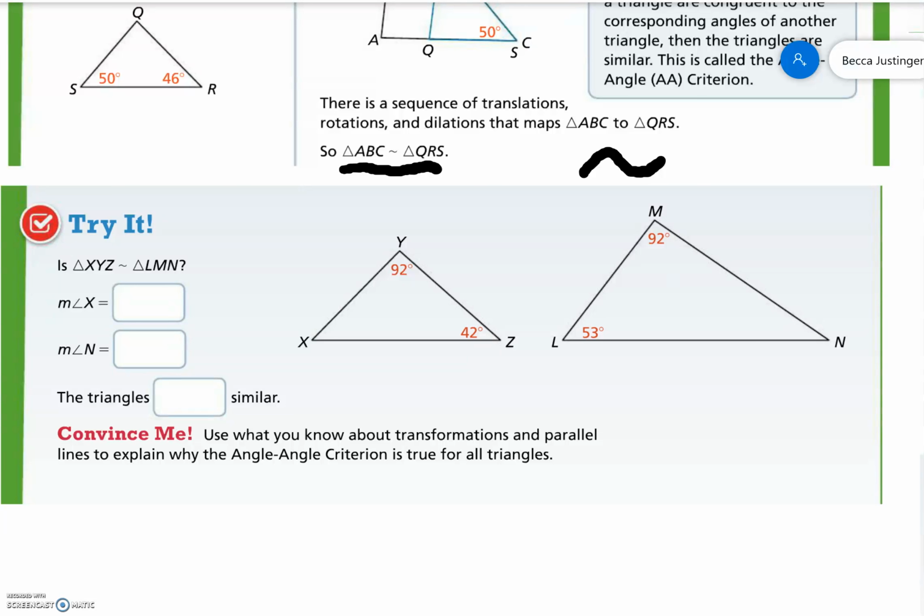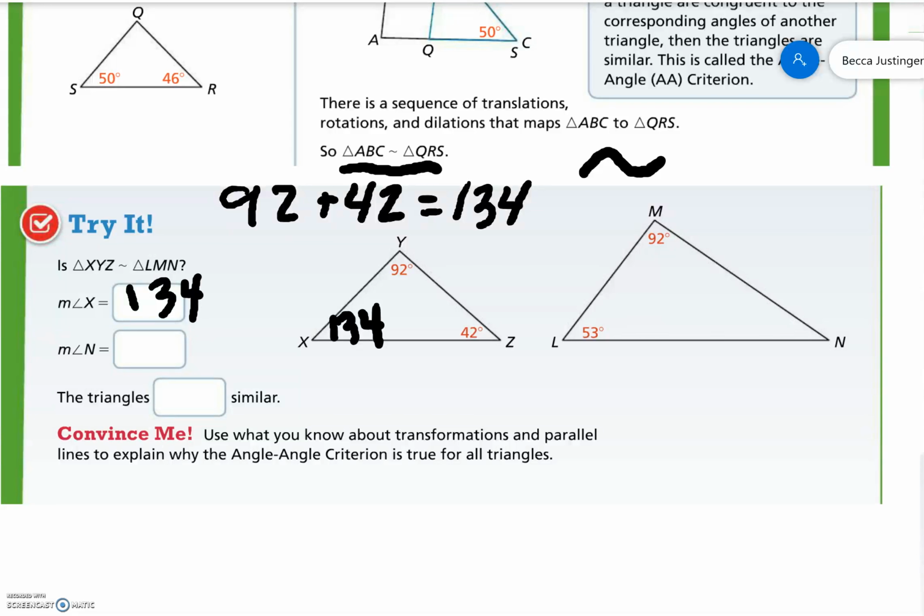The measure of angle X, we don't know it yet. We're going to find it. So we're going to add 92 plus 42 to give us 134. So the measure of angle X is 134. And now we're going to do the other one, 92. Oh, what did I do wrong? Go back.